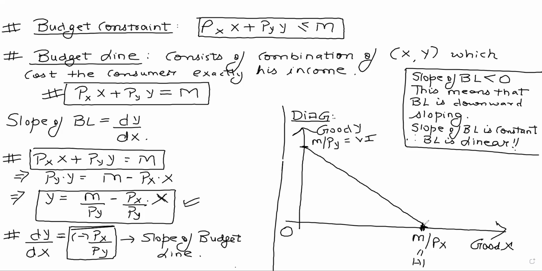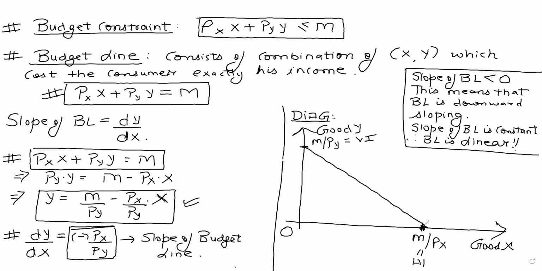Why is the budget line straight? Because the slope of the budget line is a constant. Why is it downward sloping? Because the slope is negative. Students should be able to argue everything logically and mathematically in this course. You should know why the budget line is straight. Why is it not a curve?